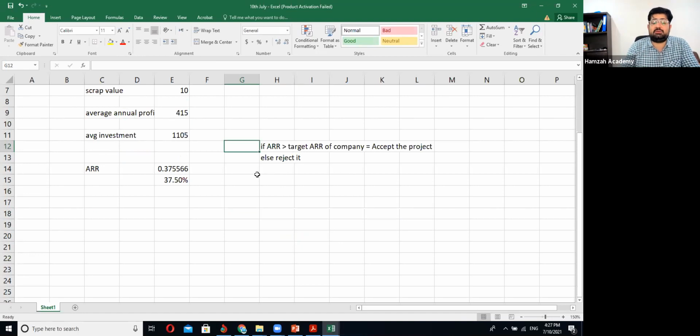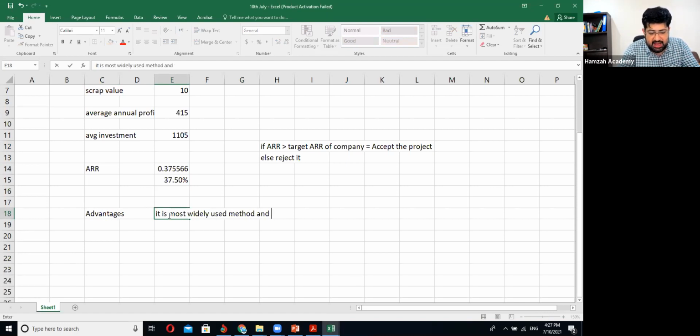Now, students, advantages and drawbacks of this method. So advantages. It is the most widely used method and easy to understand.